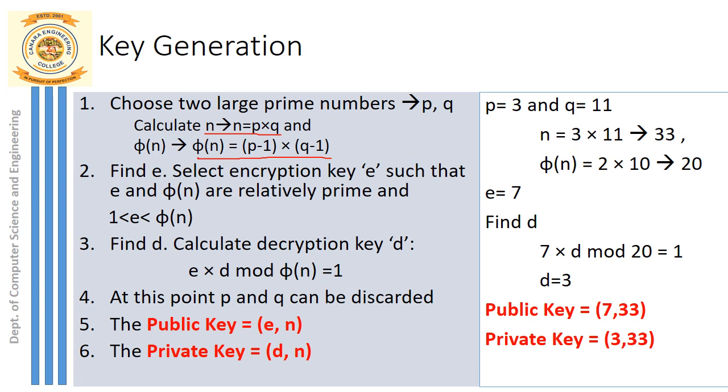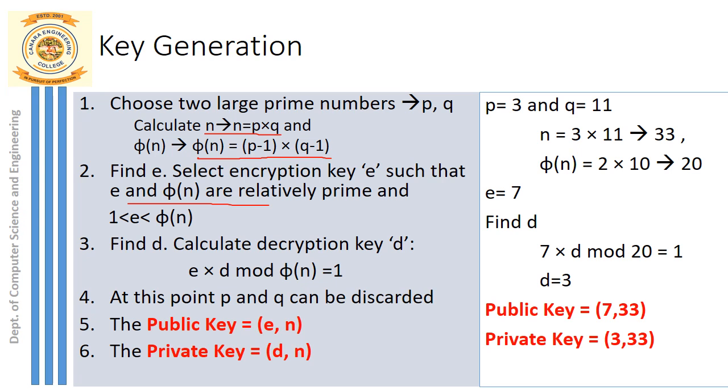Then we need to find an E value, which is called the encryption key, such that E and phi of n are relatively prime. That means GCD of E comma phi of n should be equal to 1. And the value of E should be greater than 1 and less than phi of n.